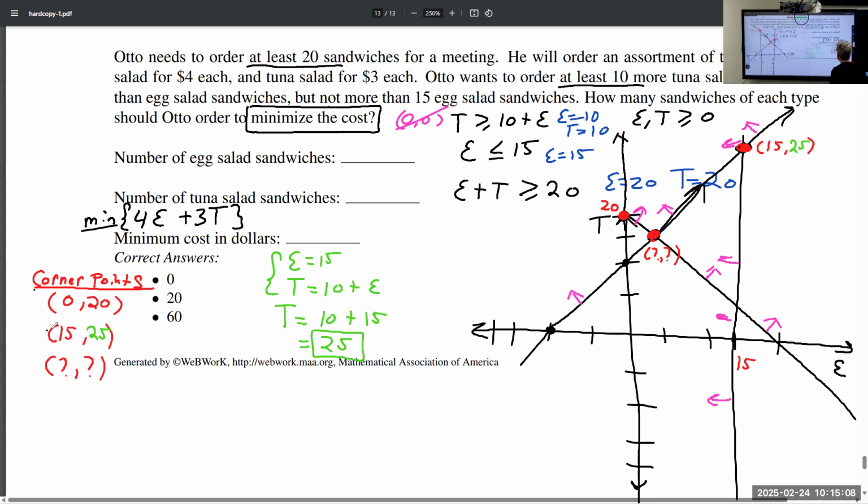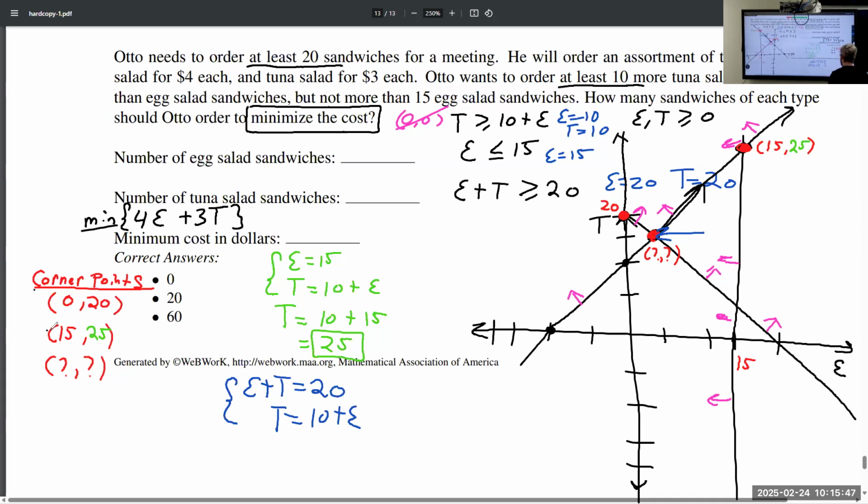Where those two lines intersect? I'm not sure. But maybe I could figure it out. What color should I figure it out? How about blue? So I need to know, where do these two lines intersect? That happens when egg plus tuna equals 20, and we know that tuna equals 10 plus egg. So I think with this, that would be a good case for substitution.